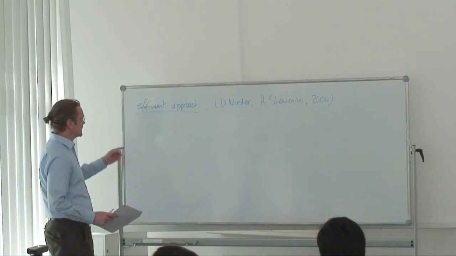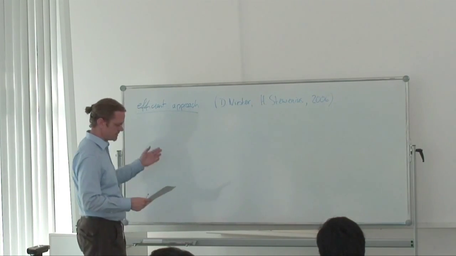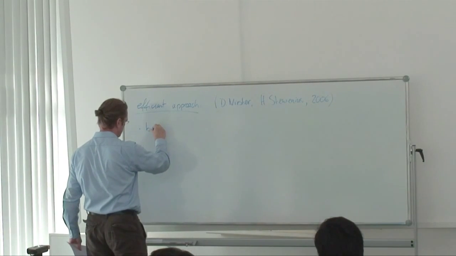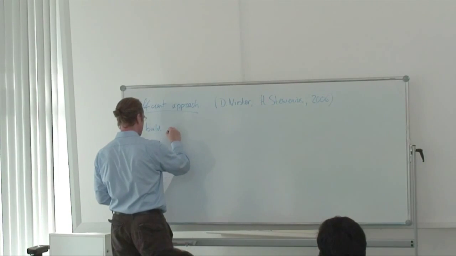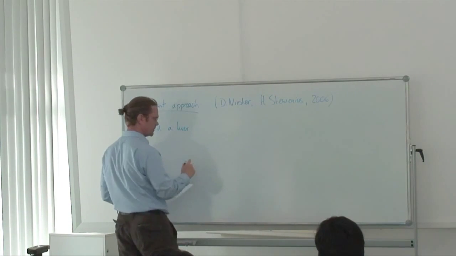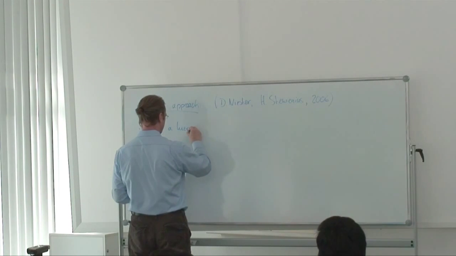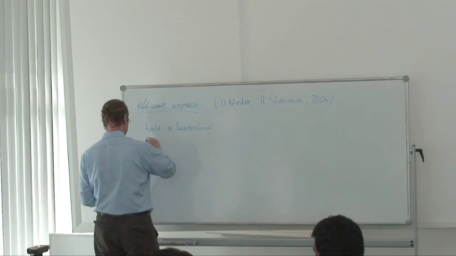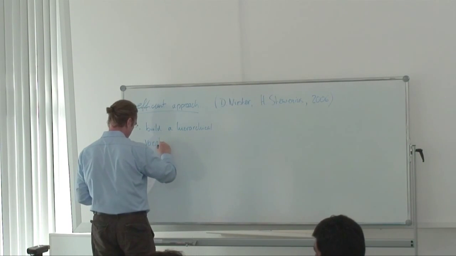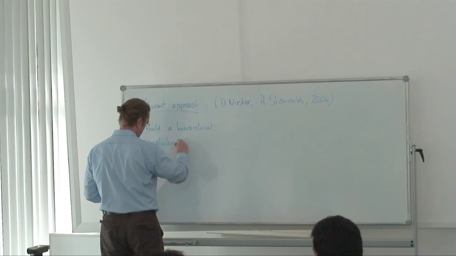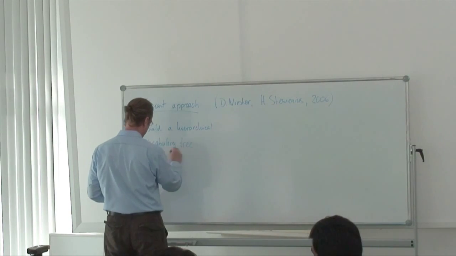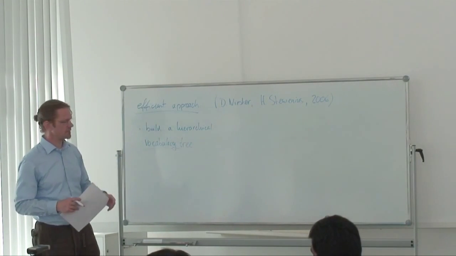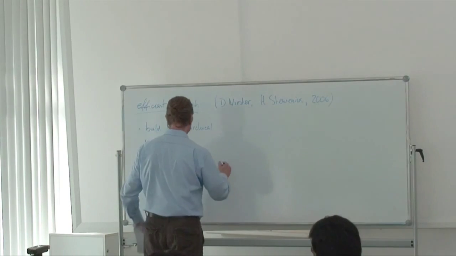Now, let me just write it down and then we'll discuss this. The idea is to build a hierarchical vocabulary tree. Hierarchical always sounds very efficient. You already know why I am talking about vocabulary here, because of the analogy between what we are discussing right now and text retrieval.